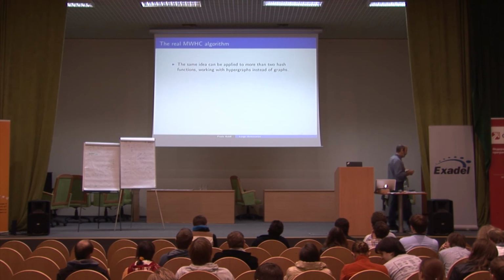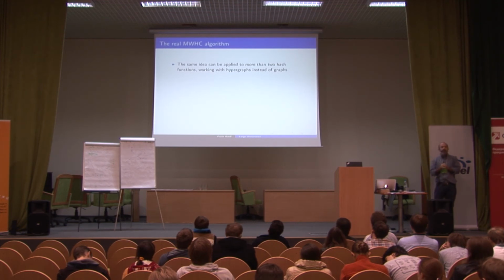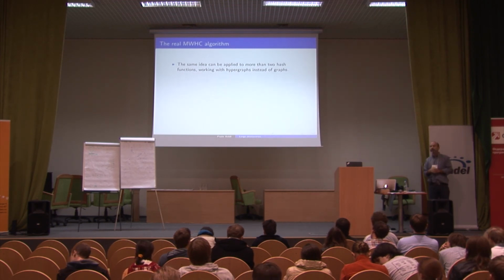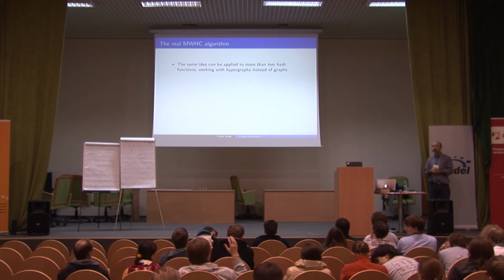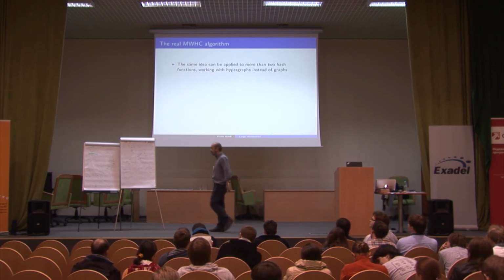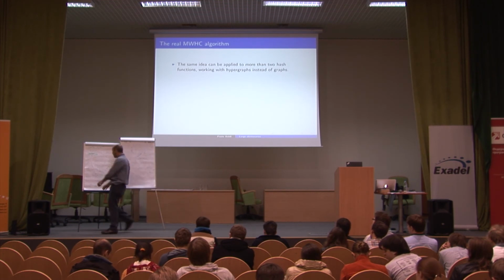Now, what I just explained is not the real MWHC graph algorithm, because you can repeat the same construction not using graphs but using hypergraphs. Who knows what a hypergraph is? Only you. A hypergraph is a generalization of a graph where edges do not touch only two nodes but many nodes.